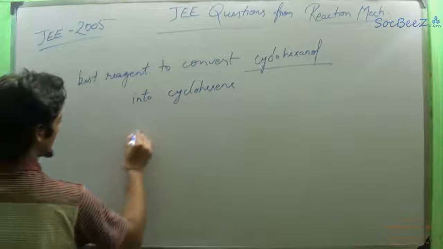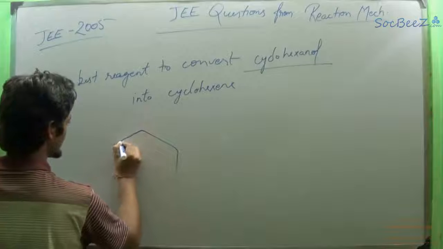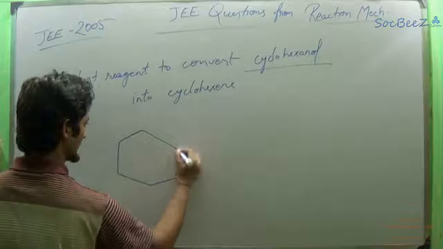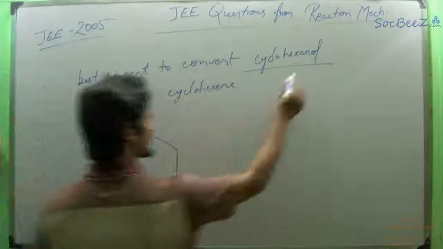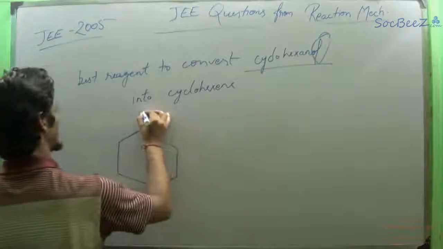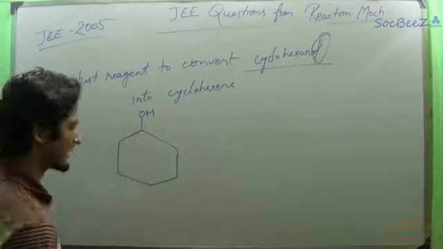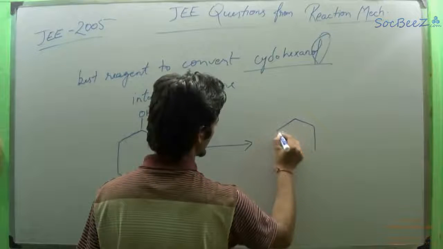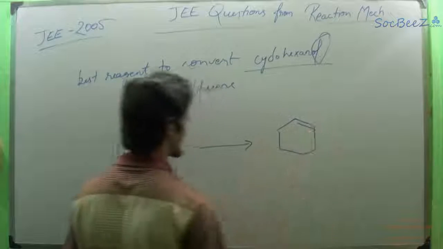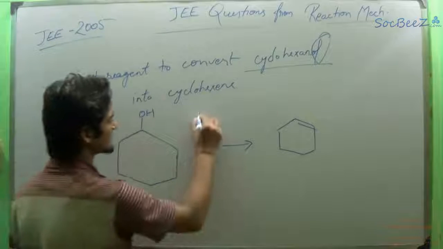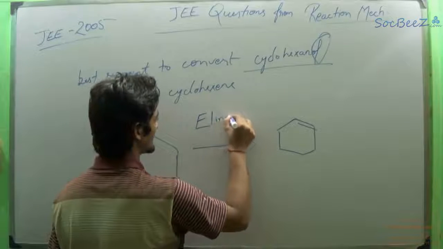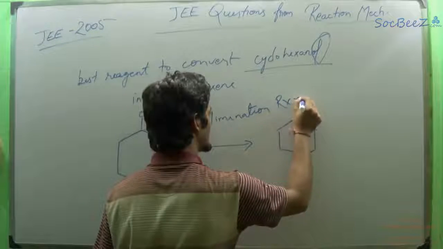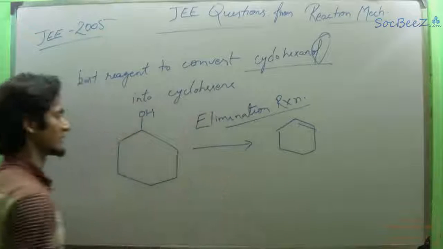So what is cyclohexanol? Our 6-membered ring. And as it is -ol, that is an alcohol is attached to one of the carbons, we have to convert it into cyclohexene. That is this one. So basically it's an elimination reaction. We have to find out the best reagent for this elimination reaction.